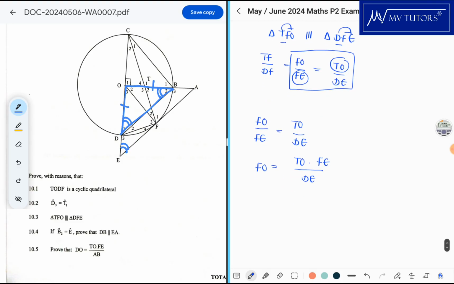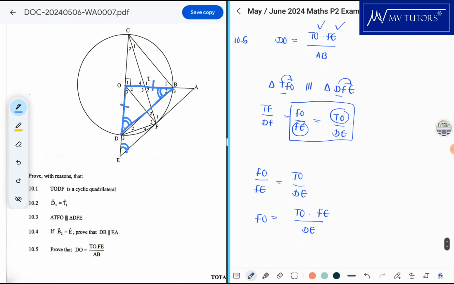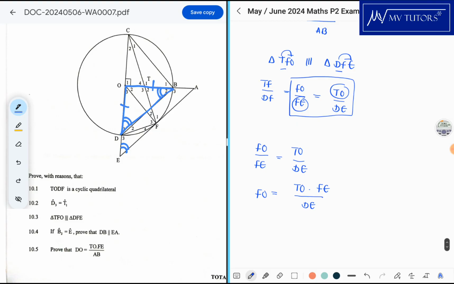Great. Now, how do I make FO equal to DO? Let's go and check. Where's FO? Okay, I'm going to use a different colored pen. So this is FO. And where's DO? Two radii.